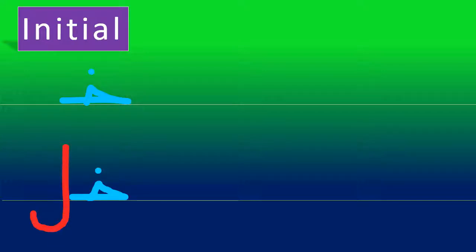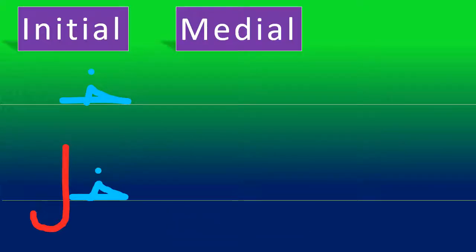It's time to see how the khaa is written in a word. Here is the initial position, khaa, with the dot above the shape. And here is a two-letter word, khal, kha and lam. It means vinegar. Now the medial position of the khaa looks like this. And here is an example, the word bukhl.